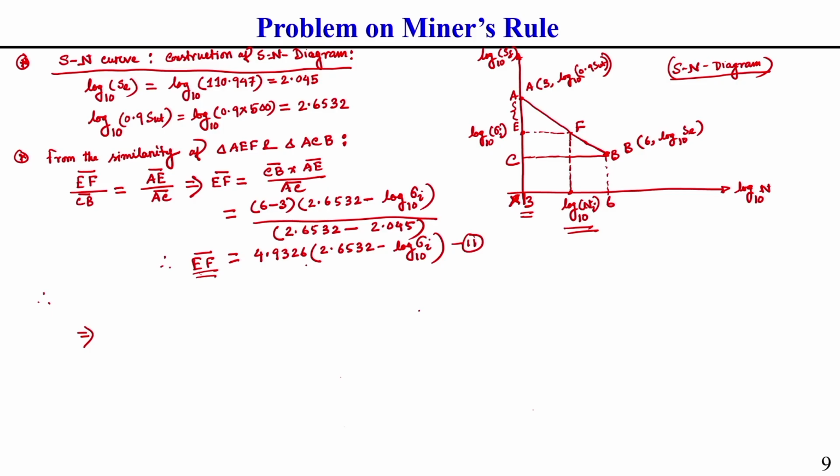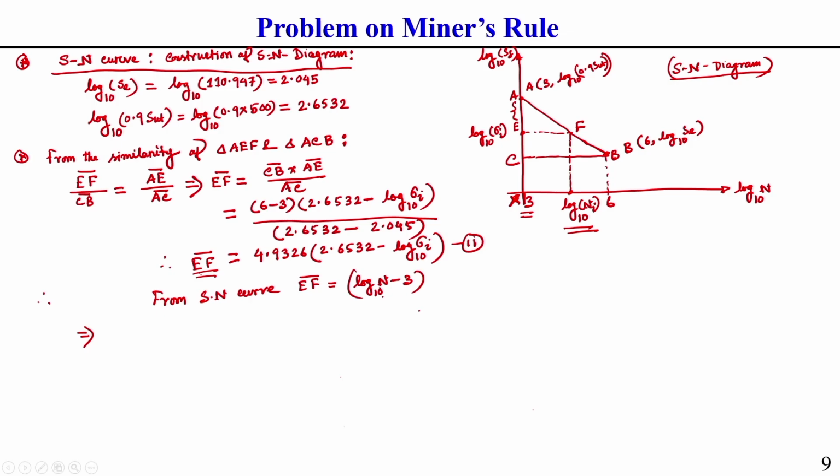So, this EF, from this diagram, that means from the SN curve, we can write as log 10 N minus 3.